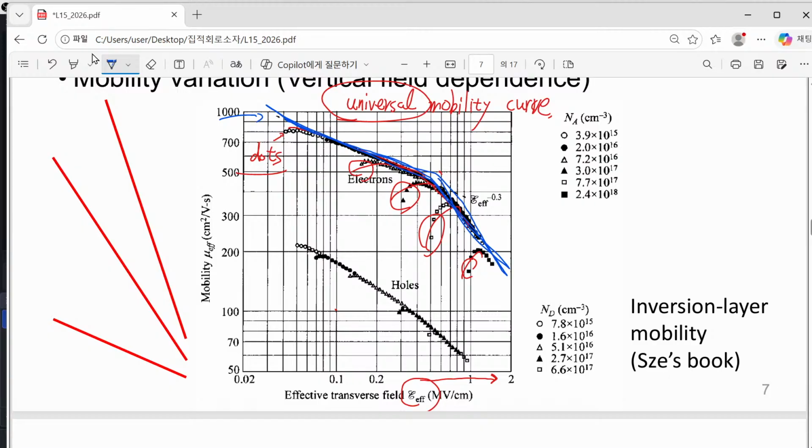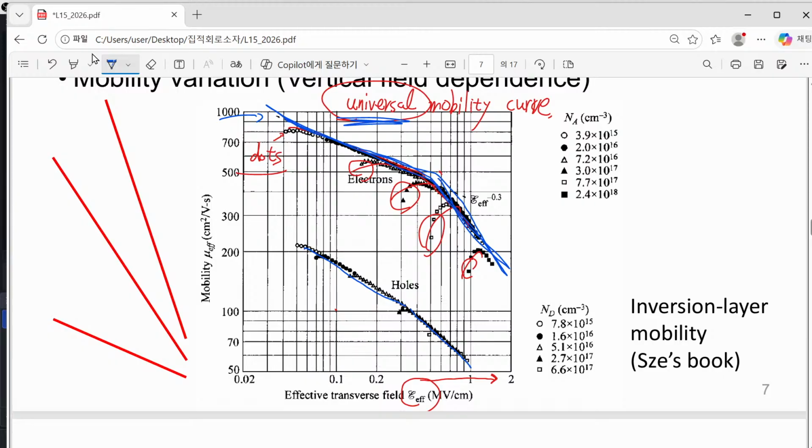And for holes, you also have one line, and here you have another line, a combination of two slope curves. This is the meaning of universality of your effective mobility. When we draw our effective mobility as a function of effective electric field, they should be aligned to the universal curve.